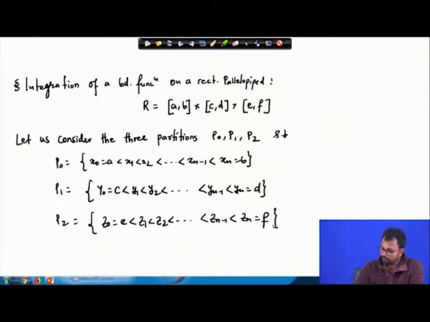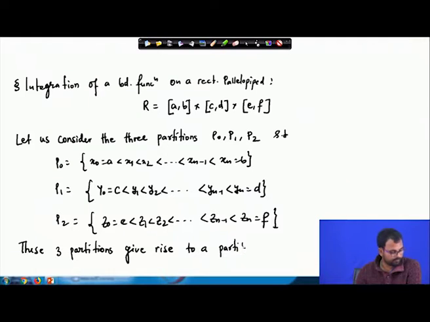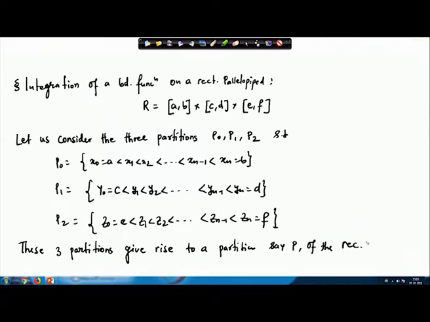Now, these three partitions give rise to a new partition, say P of the rectangular parallelepiped R, which divides R into, by the way, we can have this one as xn, otherwise it will be a square.